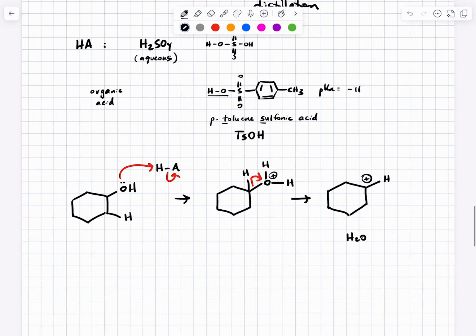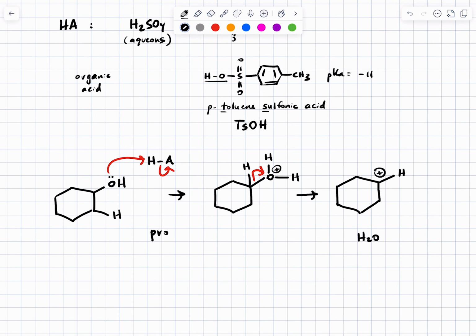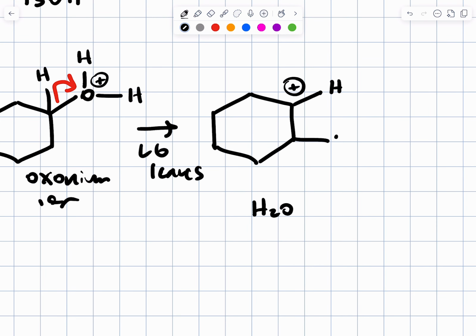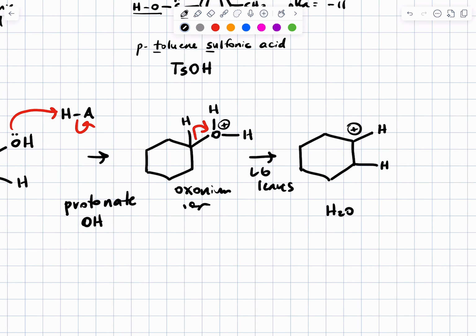So far the steps are identical to what we saw before in the HCl reaction. We protonate the OH to get to an oxonium ion, and then the leaving group leaves. So far that's just the first step of the SN1 reaction. At this stage though, instead of doing a substitution reaction, we do an elimination reaction.